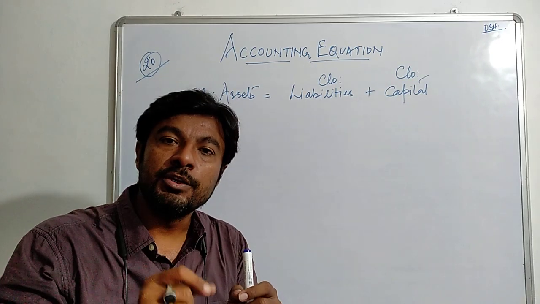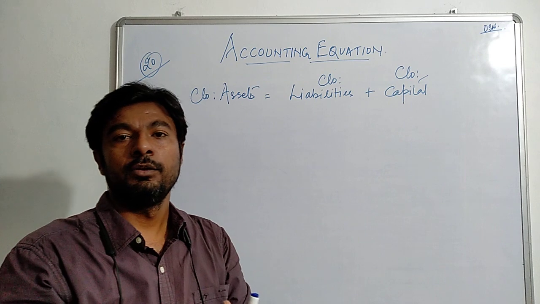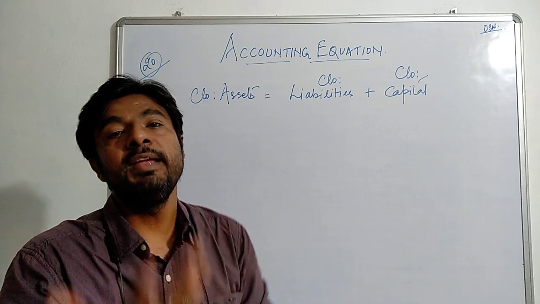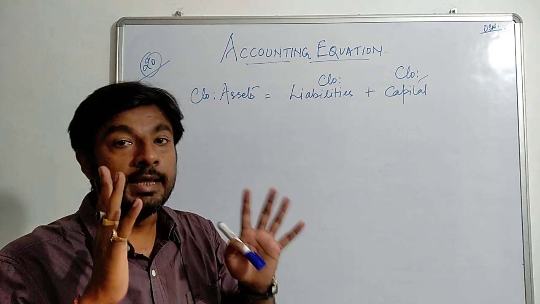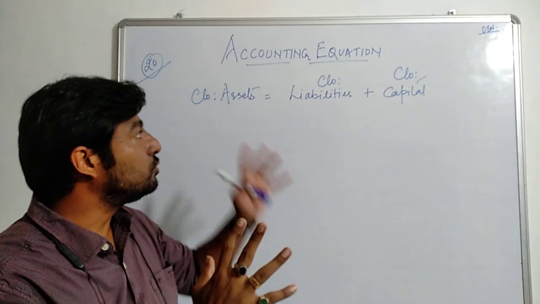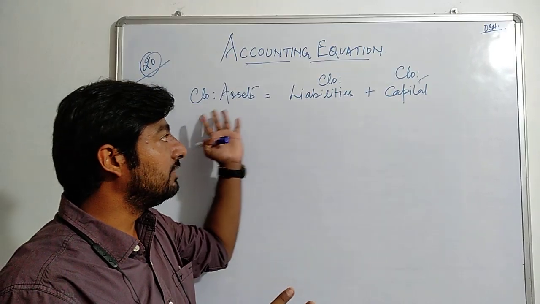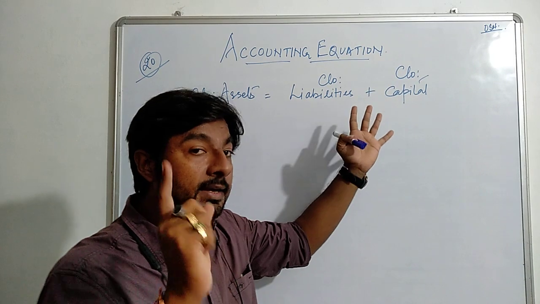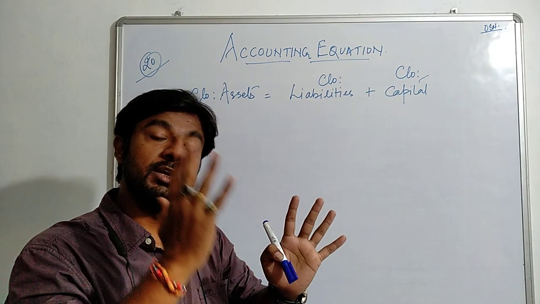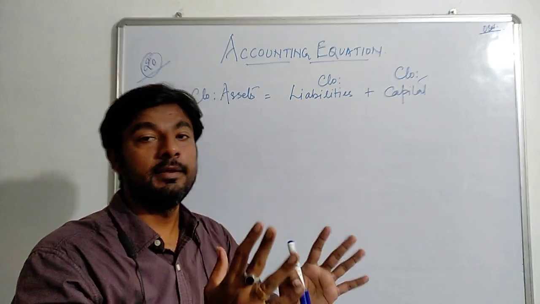If in your question opening capital, opening assets or opening liabilities are there, then whatever content we write in the equation must be of closing only, right?